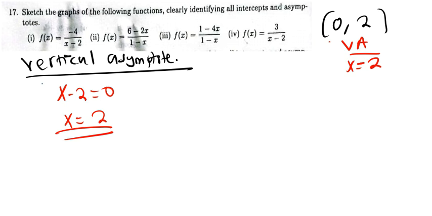Now, when it comes to the domain, when you know how to find the domain of the rational function, that is the vertical asymptote. In a case where I want to find the domain here, we just say x minus 2 should not be equal to 0. So x should not be equal to 2. That is the domain. Have you seen the relationship which is there?